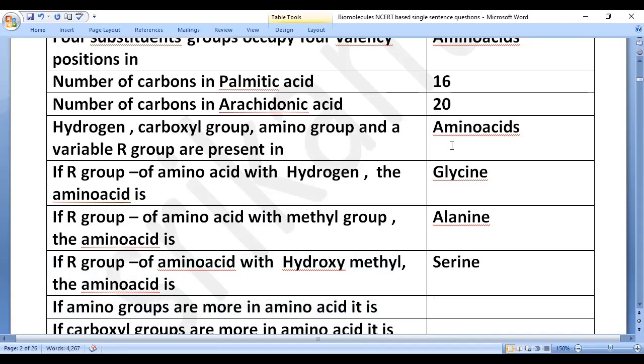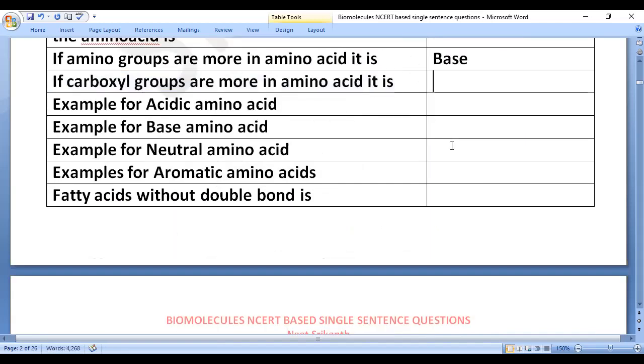If amino groups are more in an amino acid, it is basic. If carboxyl groups are more, it is acidic. Example for acidic amino acid: glutamic acid. Example for basic amino acid: lysine. Example for neutral amino acid: valine.